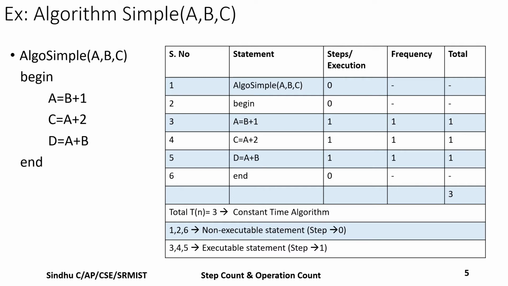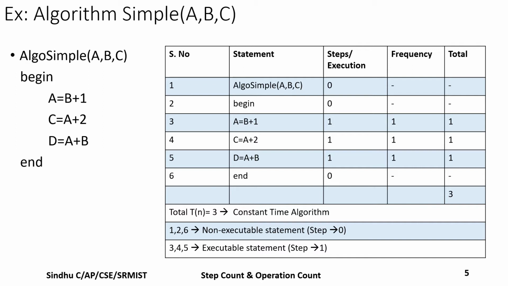Here we have an example. This example is a very simple example. It starts with begin. Then you have three expressions: a is equal to b plus 1, c is equal to a plus 2, d is equal to a plus b, and finally you have end.